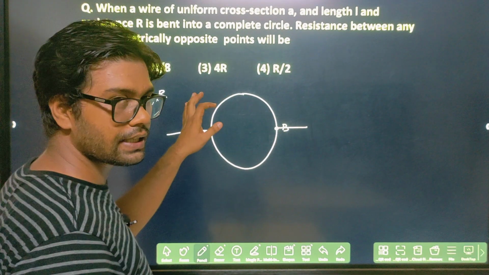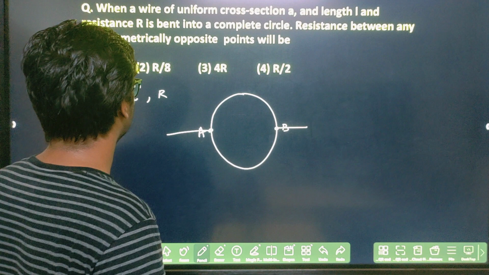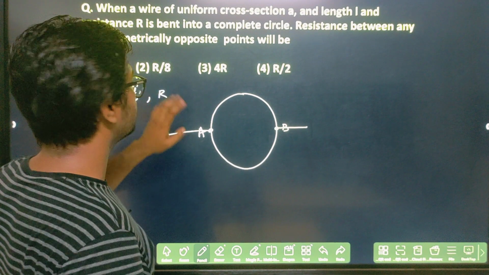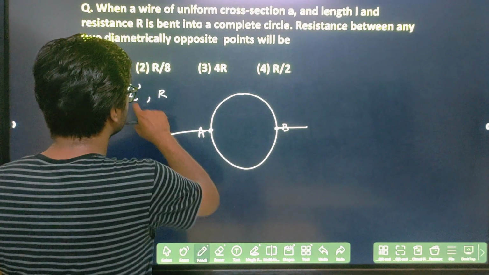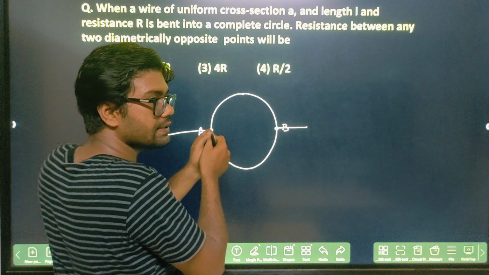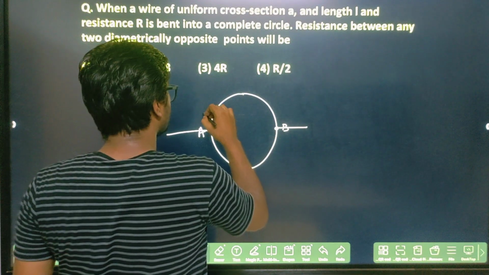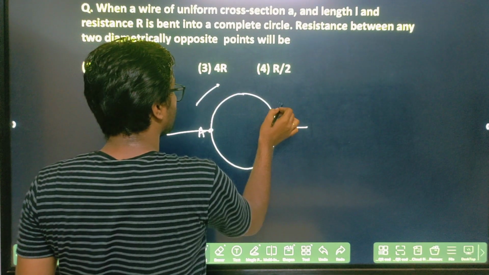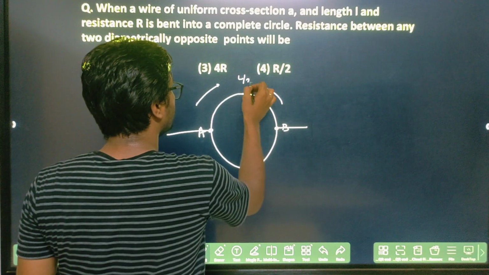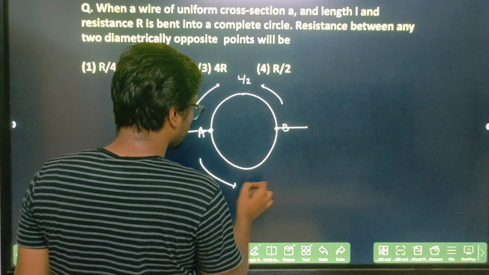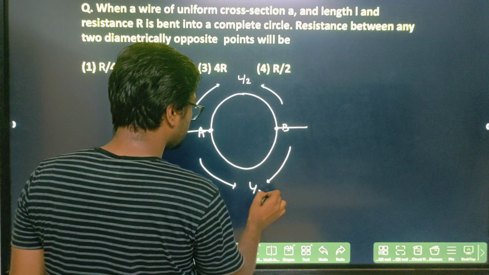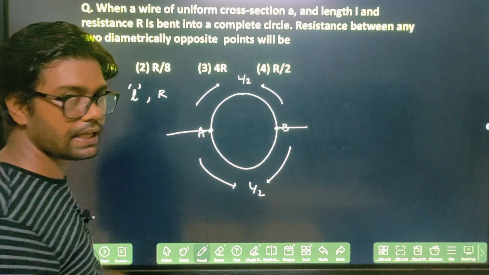What will you do? It is the same as the previous question we did. For length L, the resistance is R. So if the total length is L and you make it a circle, this length will be L by 2, and similarly this length will also be L by 2.